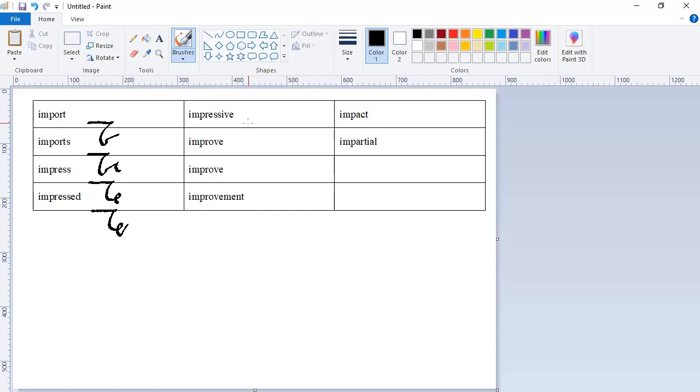So we write this as M-P-R-E-S-V. Okay. Next, improve. We have M-P-R-O-V. Improve. Ay, mali.